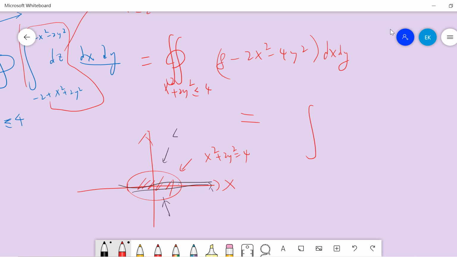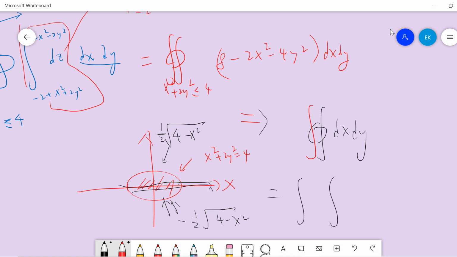One is the square root of 4 minus x squared, divided by 2, and the other is minus the square root of 4 minus x squared, divided by 2. So this dx dy area is basically integrated as this one, right? This is for dy, and for dx, we just go from negative 2 to 2.